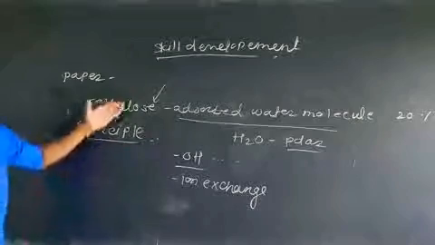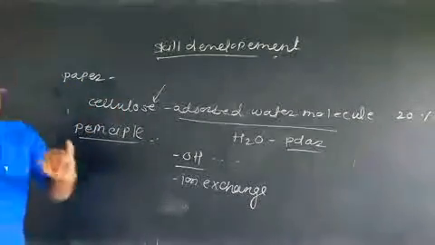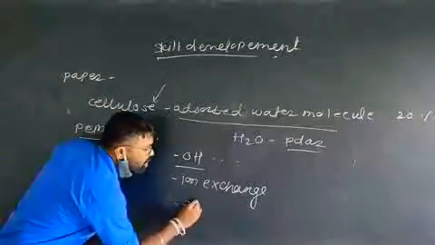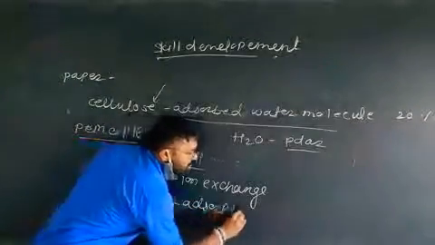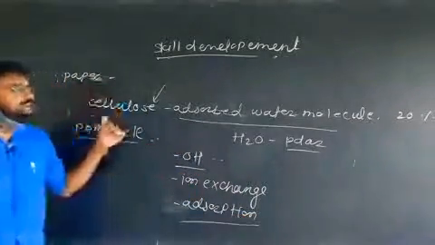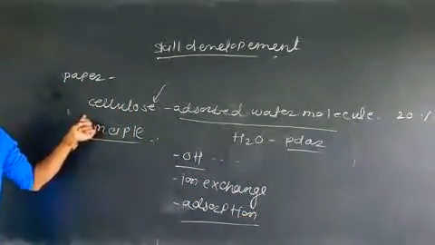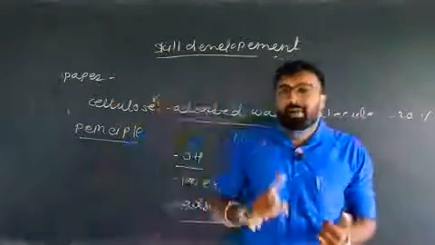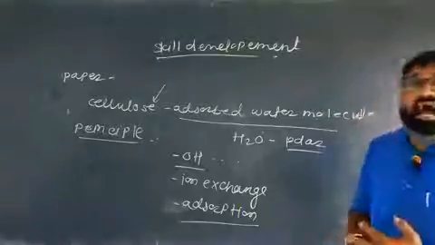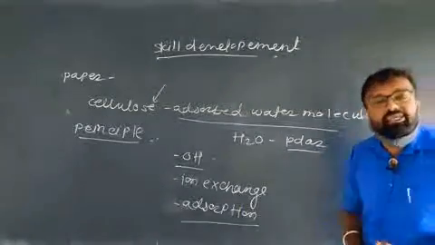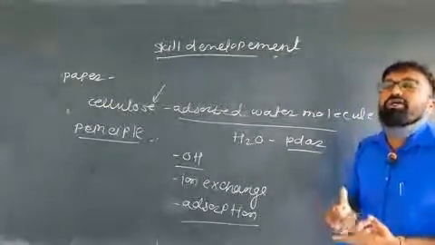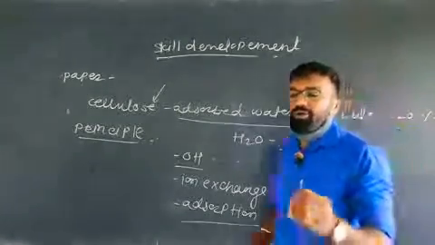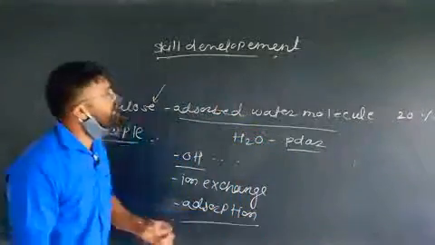Therefore, paper chromatography can work on the principle of partition coefficient, hydrogen bonding, and ion exchange or adsorption phenomenon too, because paper is a good adsorbent. That means in paper chromatography, separation can be achieved by partition coefficient, second, hydrogen bonding, and third, ion exchange or adsorption-desorption phenomenon too. This is sufficient about the principle of paper chromatography.